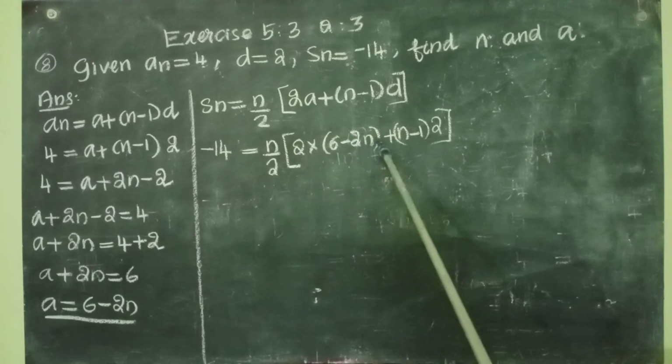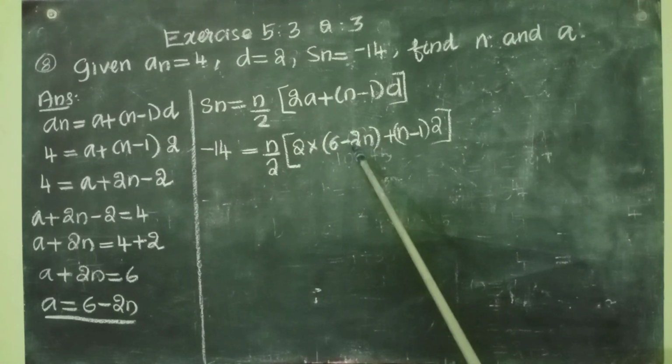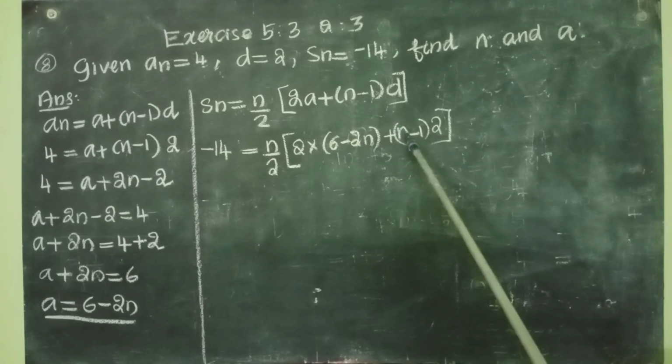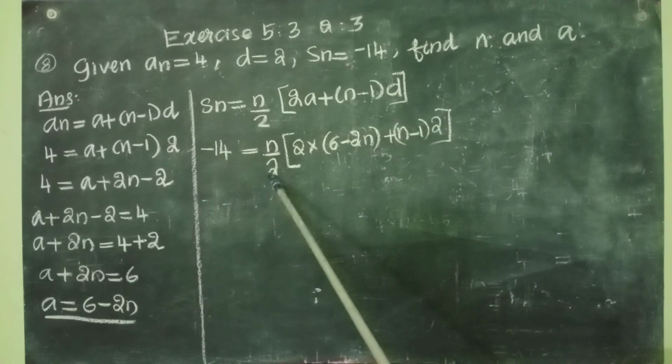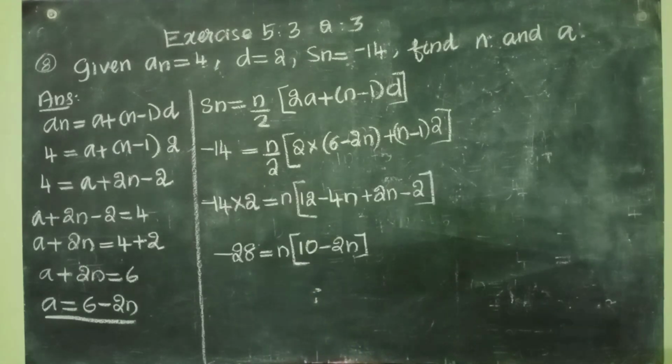So here you can see two brackets, 2 into 6 minus 2n, this we have to remove. Then another one, n minus 1 into 2, that also we have to remove. This divided by 2 is taken to left side. So we get minus 14 into 2 equal to n into 12 minus 4n plus 2n minus 2. 2 into 6, it is 12. 2 into minus 2n, it is minus 4n. n into 2, it is 2n.